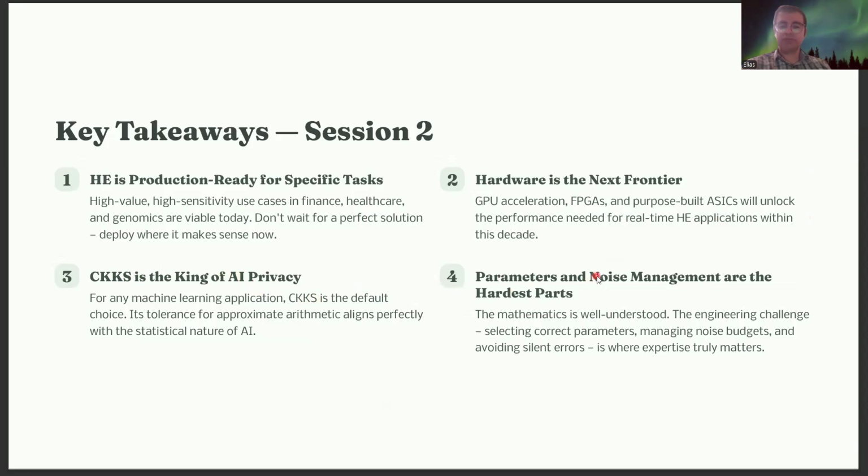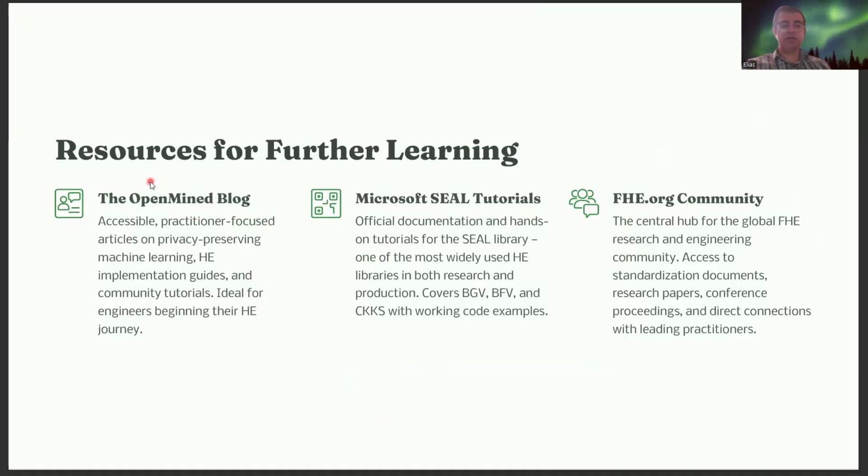We also covered the parameters, or the context, that we share between client and server, and how to manage the noise, because that can explode, so we have to control it. You can also read the OpenMined blog, which has very nice articles, as well as Microsoft SEAL tutorials, or FHE.org. They have a community where you can learn more about homomorphic encryption.